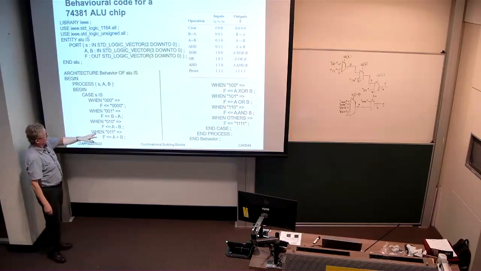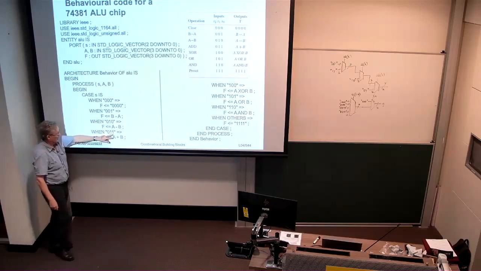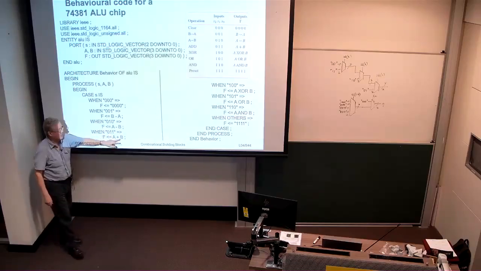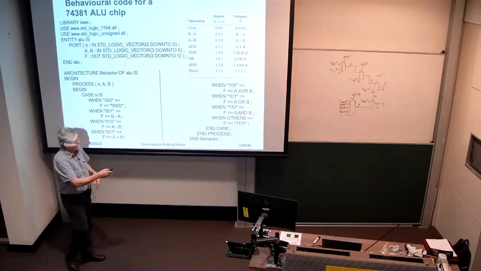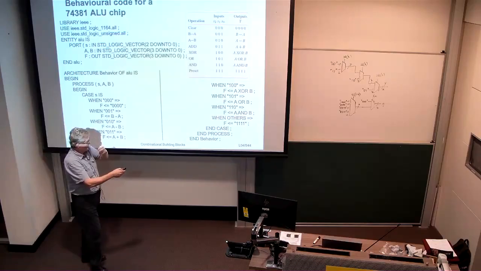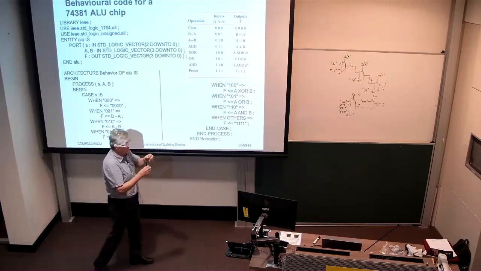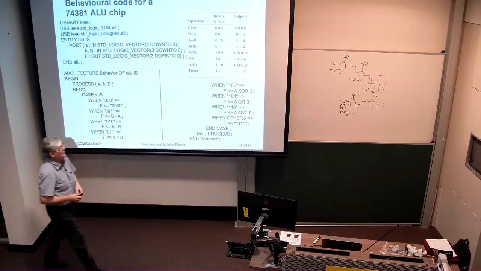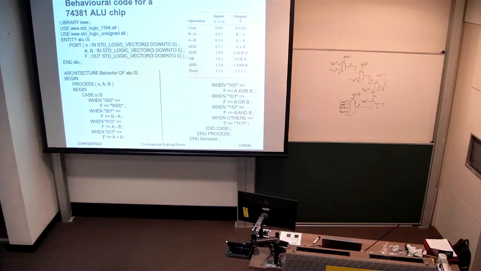If S2 is 0, S1 is 1, and S0 is 1, then we're doing an addition of A and B. But if S2 is 1 and the other bits are 0, then we're doing the bitwise exclusive OR of these two words, and so on. So I have a question for you. Can you sort of imagine how the bit slice of this design would be described?